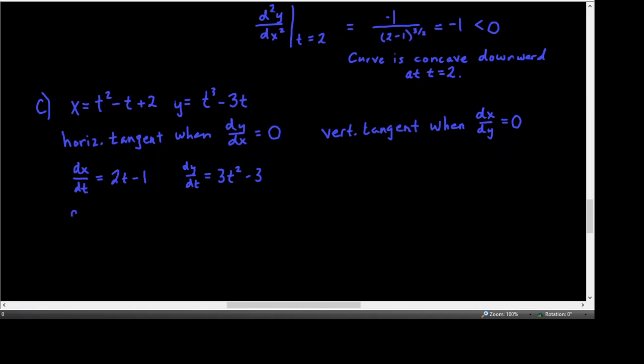And now find dy dx by forming the ratio 3t squared minus 3 divided by 2t minus 1. And that fraction is equal to 0.